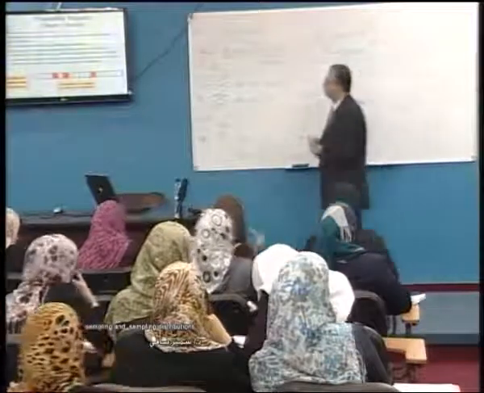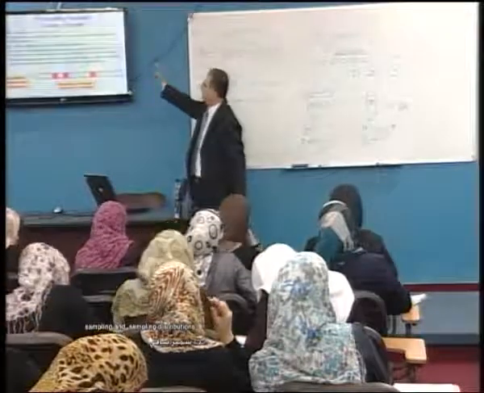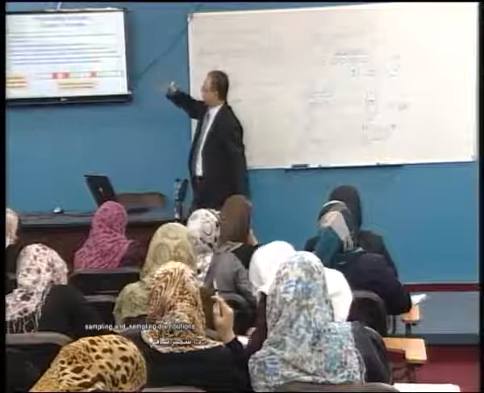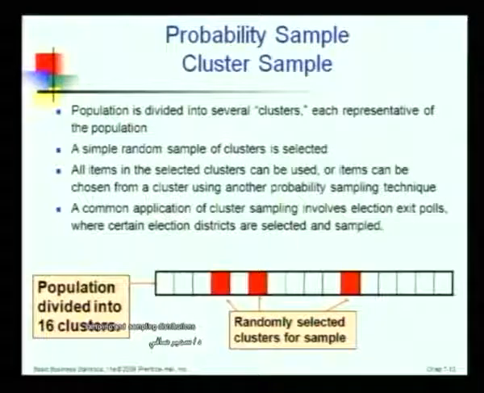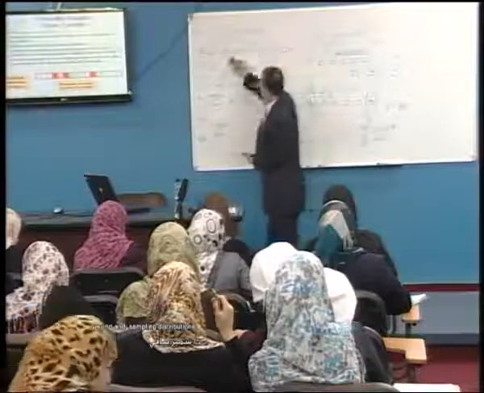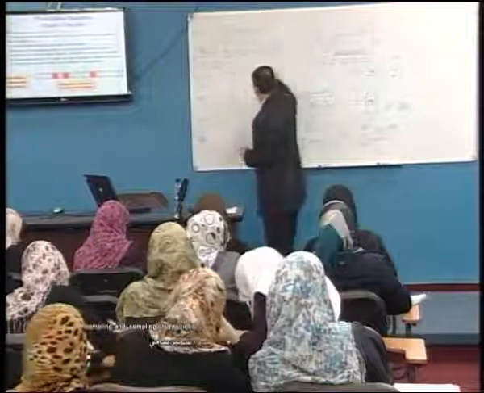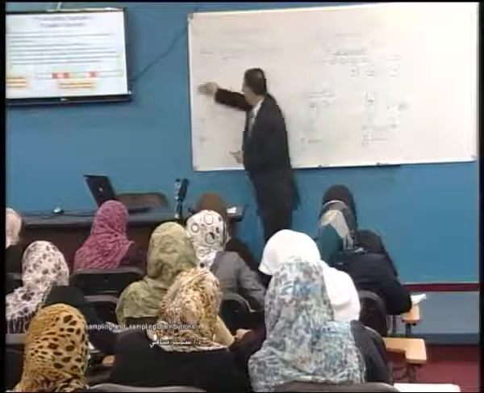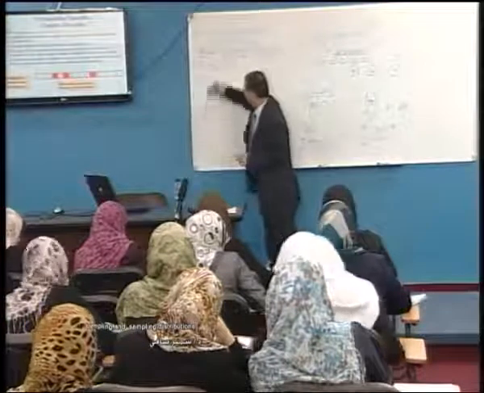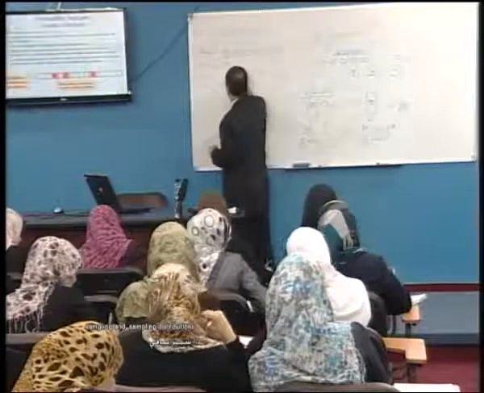That will give the actual values. So again, all items in the selected clusters can be used, or items can be chosen from the cluster using another probability technique as we mentioned. Let's see another example. Let's talk again about IUGaza students. And we have 4 levels.